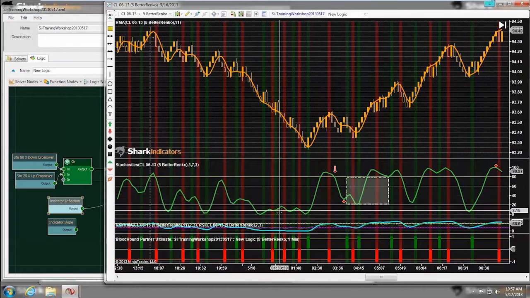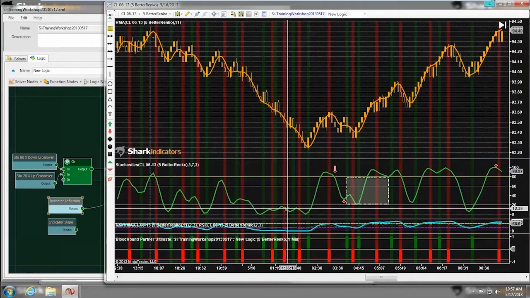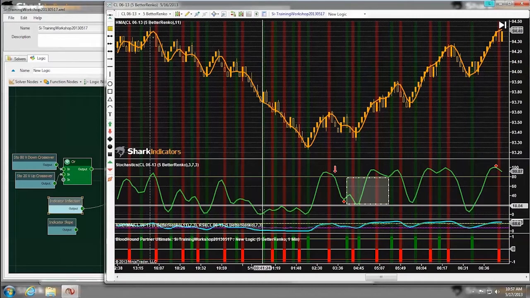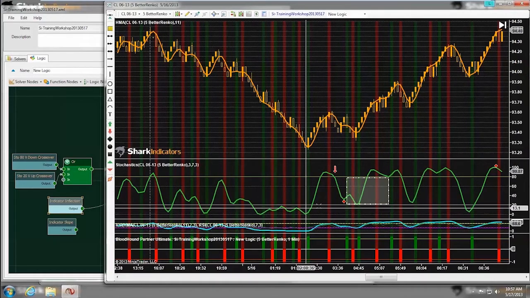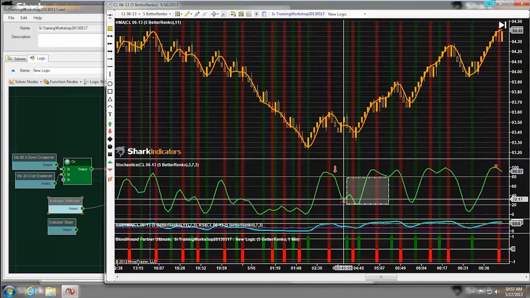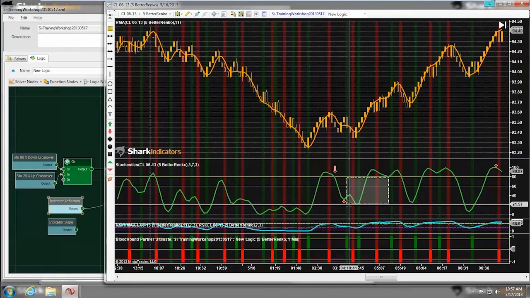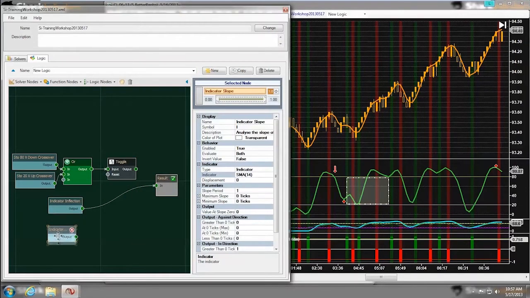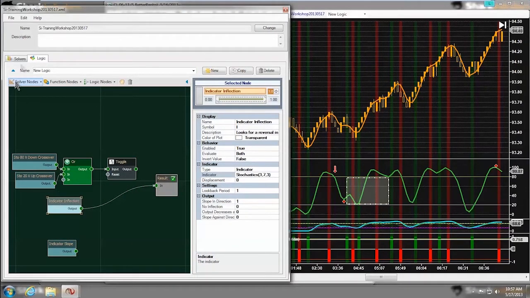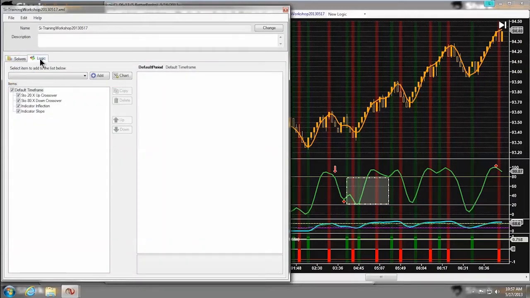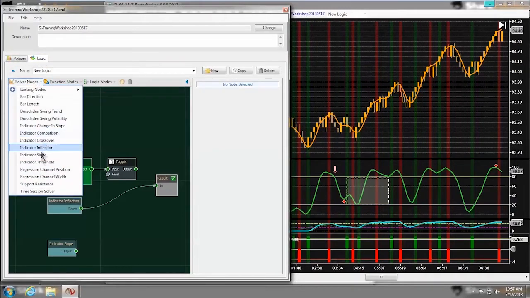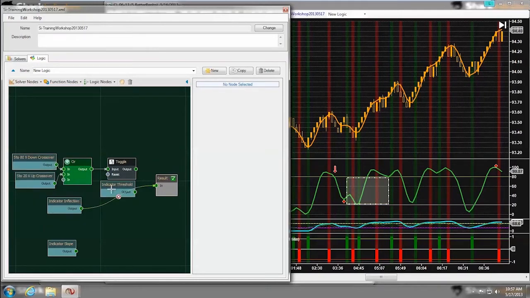So we got all these reversal points, and now we need to restrict all of these reversal points to when they occur within this no man's land here between 20 and 80. And to do that, we're going to use the threshold solver.